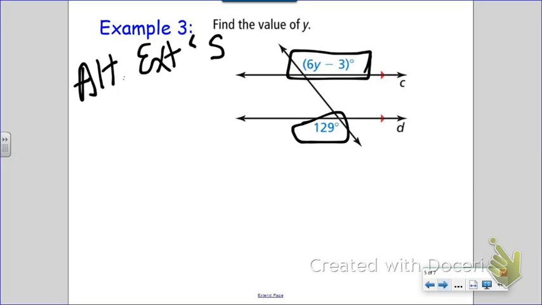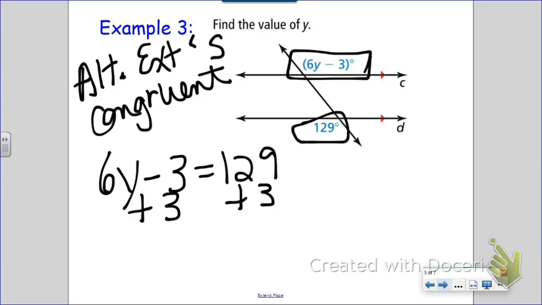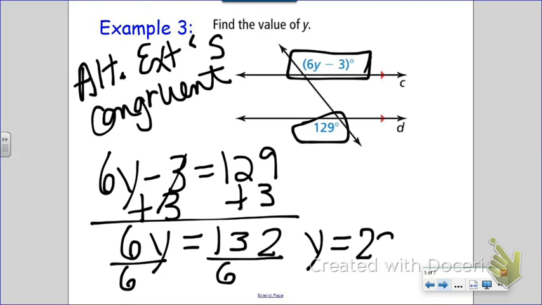We know alternate exterior angles are congruent. If they're congruent, that means we set the two things equal to each other. I'm going to then solve my two-step algebra equation, add 3 to both sides, and then divide by 6. So y equals 22.